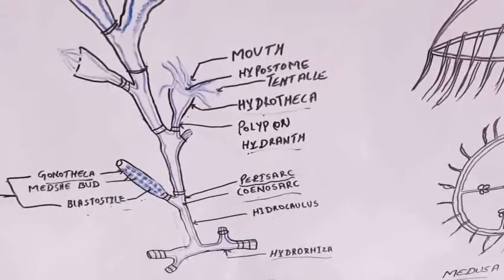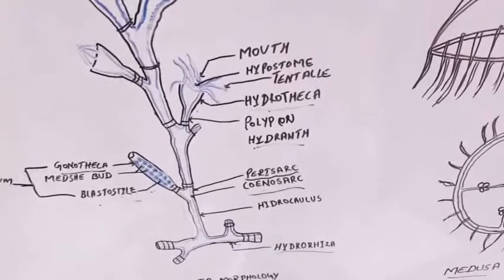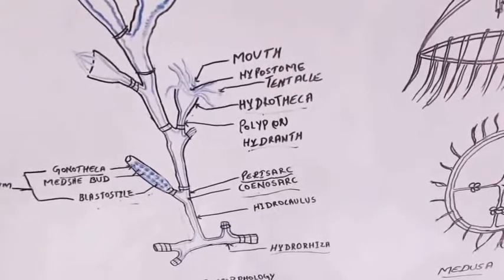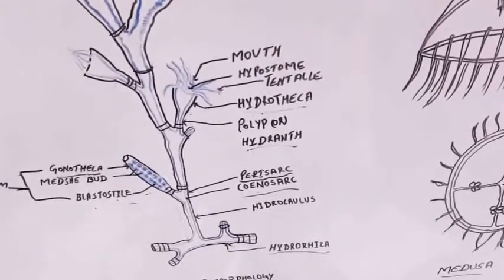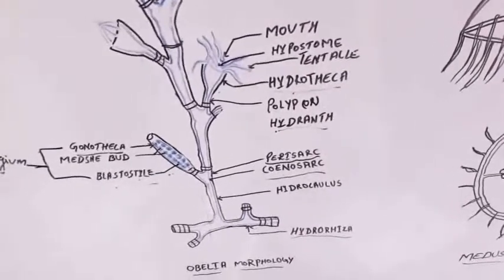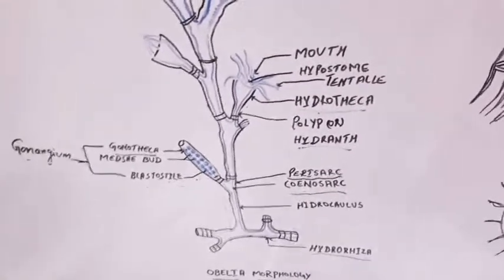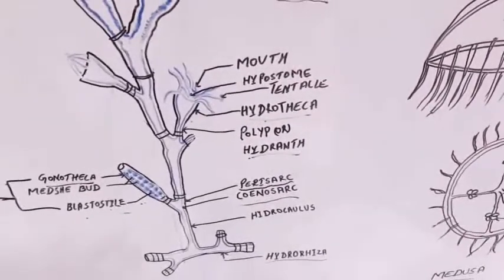Here the blastostyle does not contain a mouth and tentacles, but there is an opening. It opens to the outside through an aperture called the gonopore.